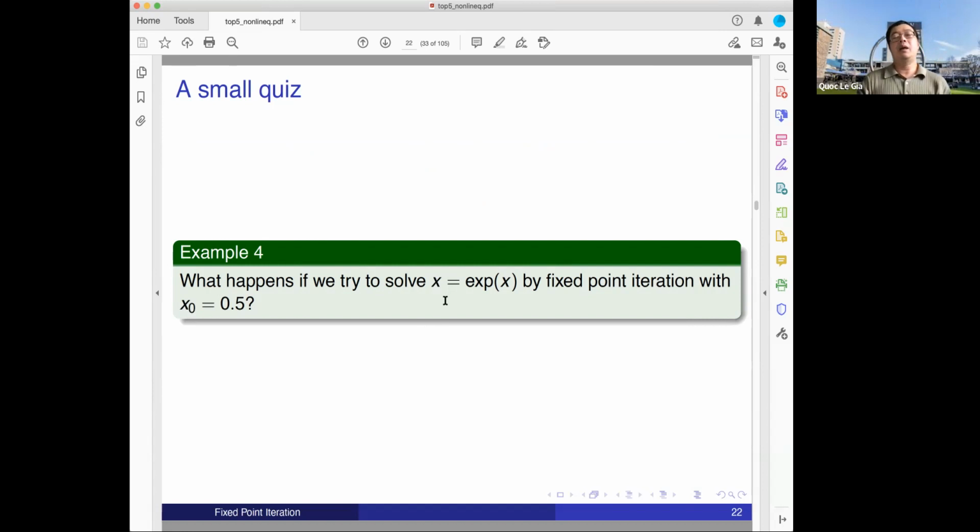For the previous example, g of x has e to the x, and e to any power is always bigger than 1, because e to the 0 is already 1, so e to any tiny number is still bigger than 1. So it doesn't matter what x0 you put in, you still diverge. That is a very good observation.